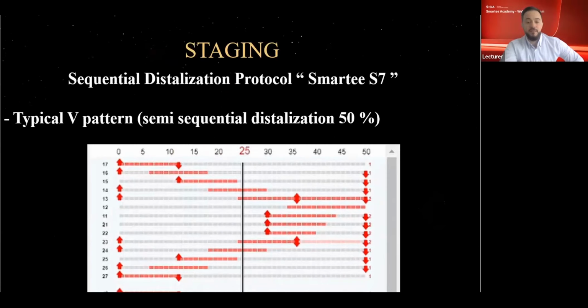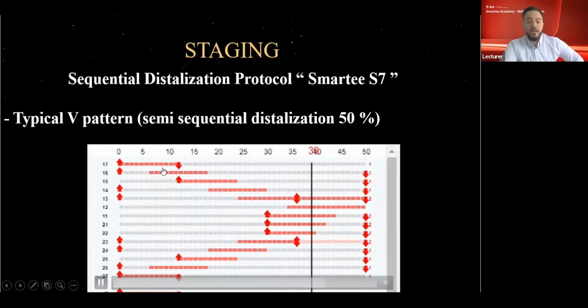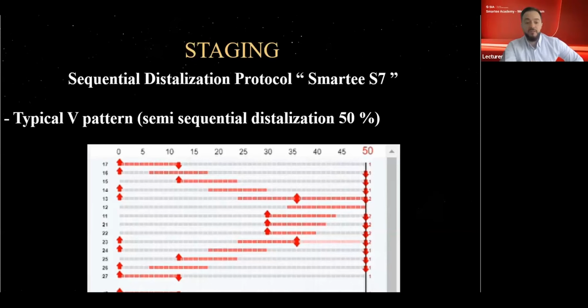It is available in Smartee and also many other companies. So for example, if the second molar moves distally over 10 aligners, after achieving 50% of this movement, the next molar will start moving. So after aligner number 5, the first molar will start to move, and then after 5 more aligners, the second premolar starts to move, and so on.